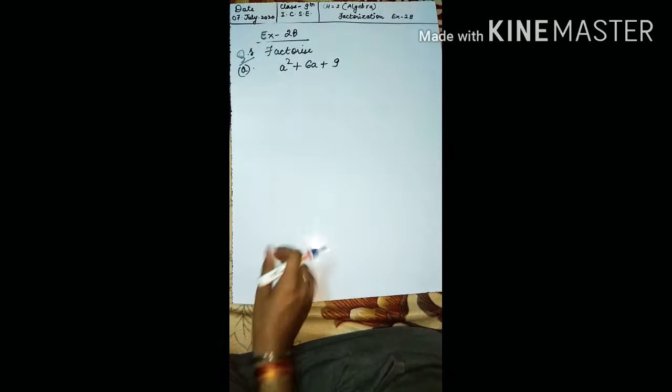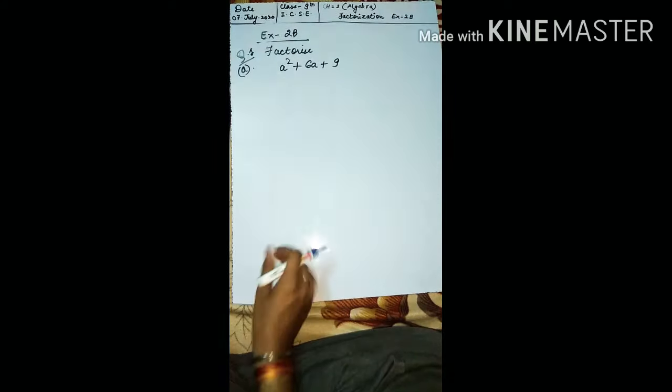In the last video, if you have seen it very seriously, I would like to repeat the same thing. The one important thing is that if you have the highest power 2, then you have a two-bracketed answer. If you have the highest power 3, then you will have a three-bracketed answer. Okay, so remember this thing.